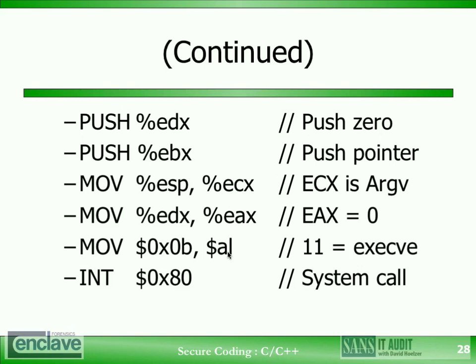The value of 11 is the execve call. I need to get an 11 into EAX. I can't use a move for 11 into EAX because I'll end up with 3 null bytes. So instead, I first zero out EAX and then move a single byte into the low order byte of AL. This 2-byte instruction contains no nulls.